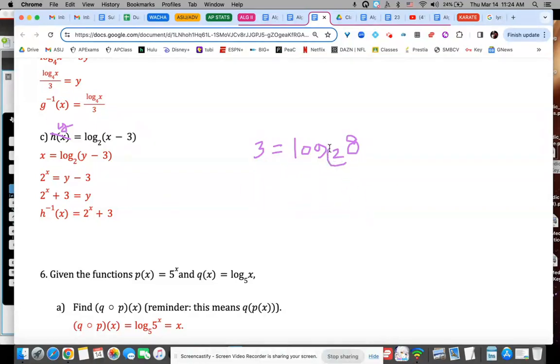This is the base of your exponential. This is the power of your exponential. And then this is the answer of your exponential, like what it equals. So 2 to the third power equals 8, right? These two things are the same, just in different forms. They're kind of in inverse forms of each other.